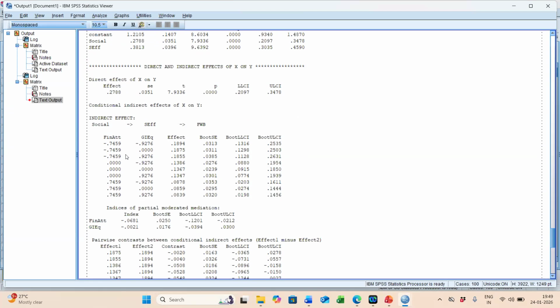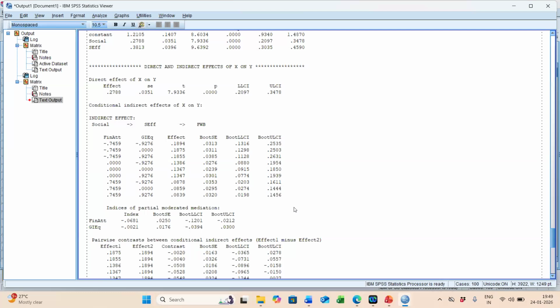All different possible combinations of moderators are taken into account. The first three are the least level of financial attitude compared with different levels of gender equality, that is least, median, mean, and highest. So you look at the bootstrap lower level confidence interval and upper level confidence interval. All of them are positive.